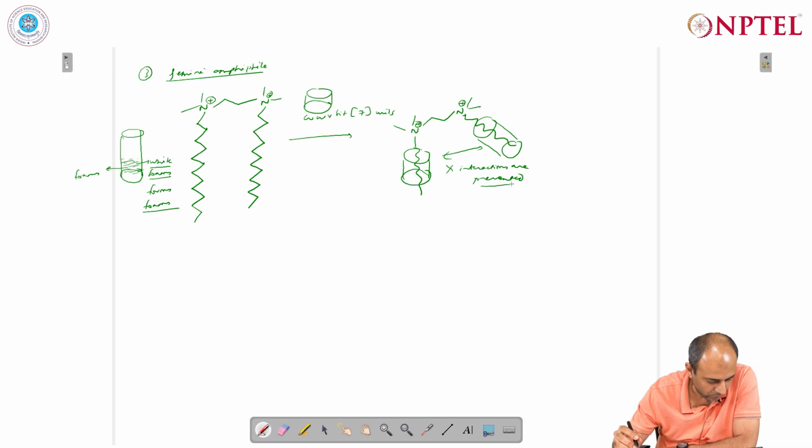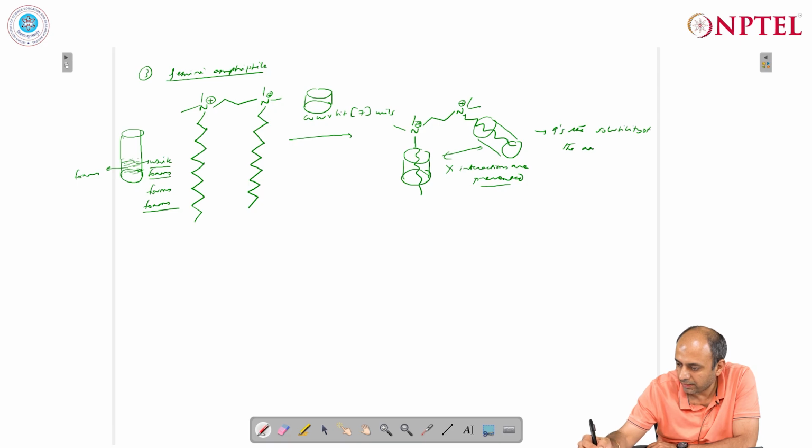These side chain interactions don't take place, and this increases the solubility of the amphiphile and prevents foaming. So now you get in this container a transparent aqueous solution of the Gemini amphiphile.